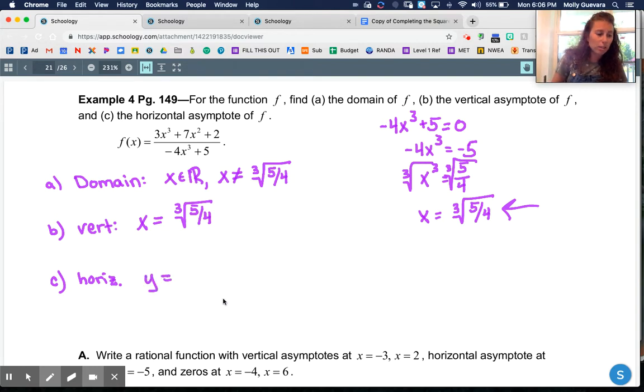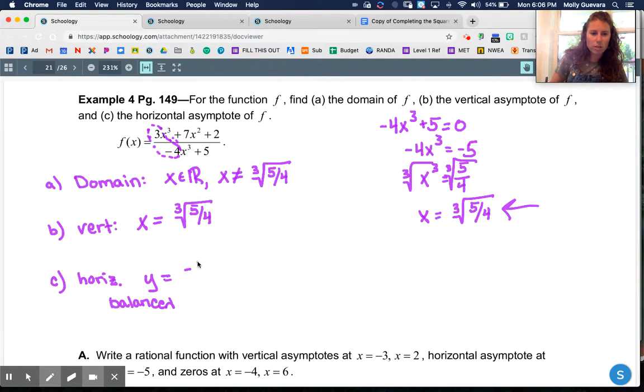And then my horizontal asymptote, my degree of the top is 3 and my degree of the bottom is 3, so it's balanced. Maybe I should write that. Balanced. Since it's balanced, we're going to take the coefficients, right, which is 3 over -4.